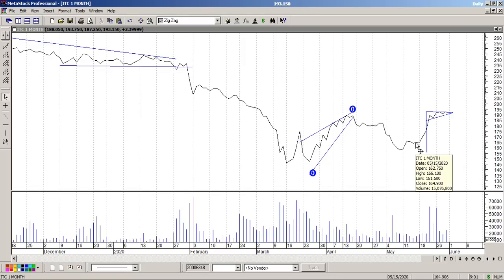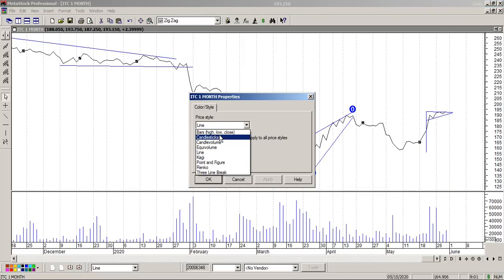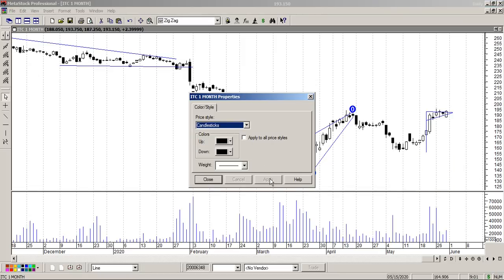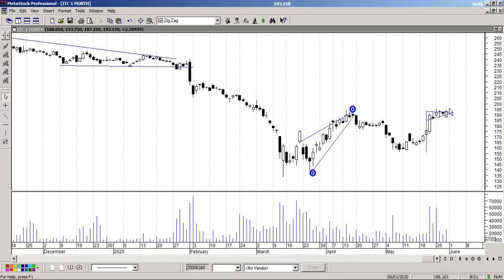Change it back to candlesticks, easier to see, I guess. Now if ITC runs, the move started from here. So this was your flag distance.